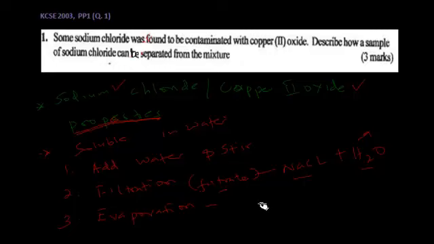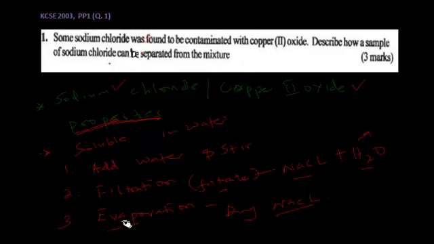You heat this mixture to dryness, and you'll get dry sodium chloride, and water will have escaped as water vapor. So that is the process of evaporation. So three things that you'll do: add water and stir, do filtration, and whatever you obtain, do evaporation, and you'll get a dry sodium chloride.